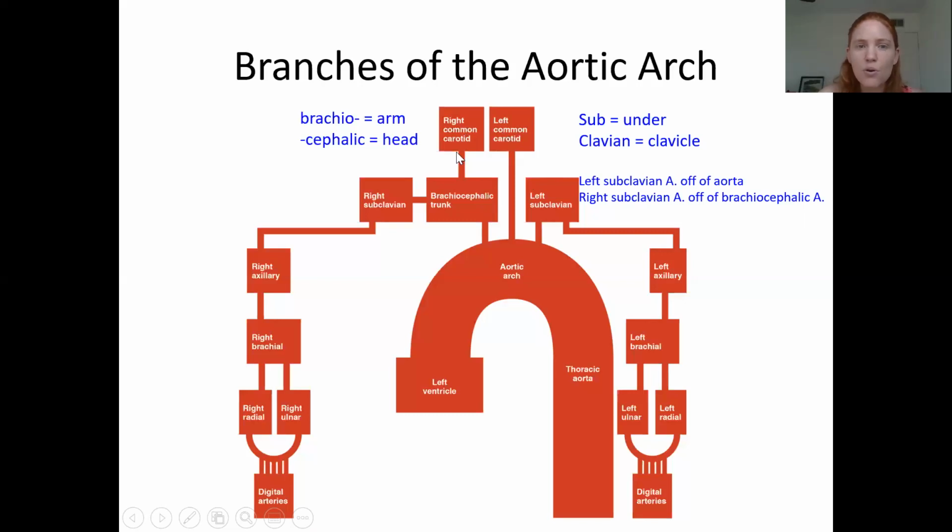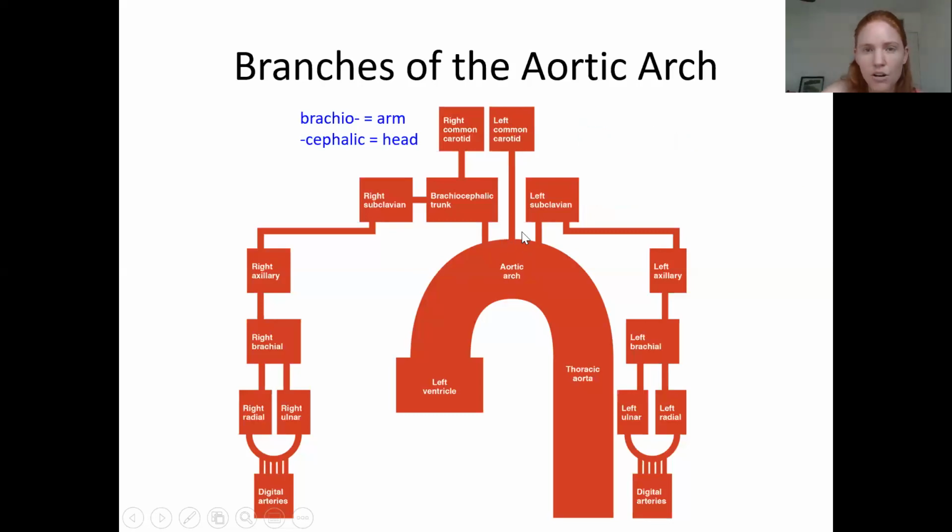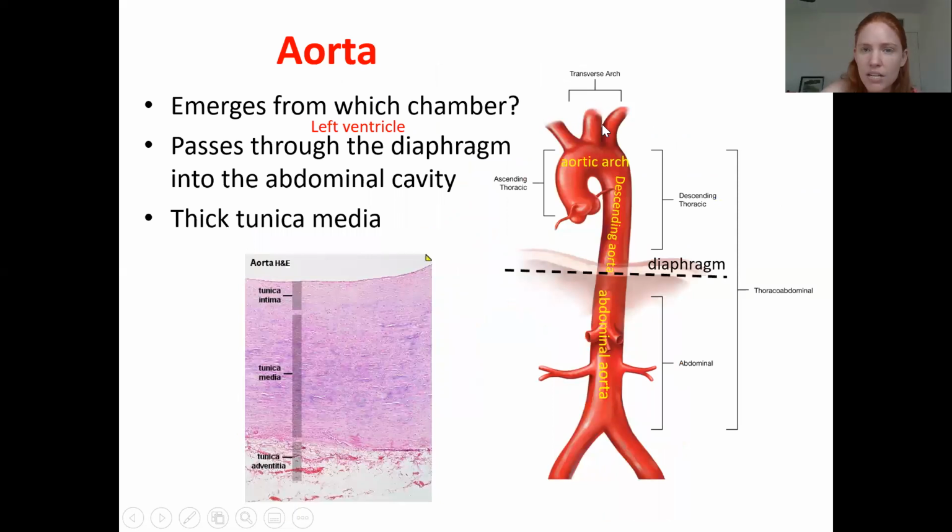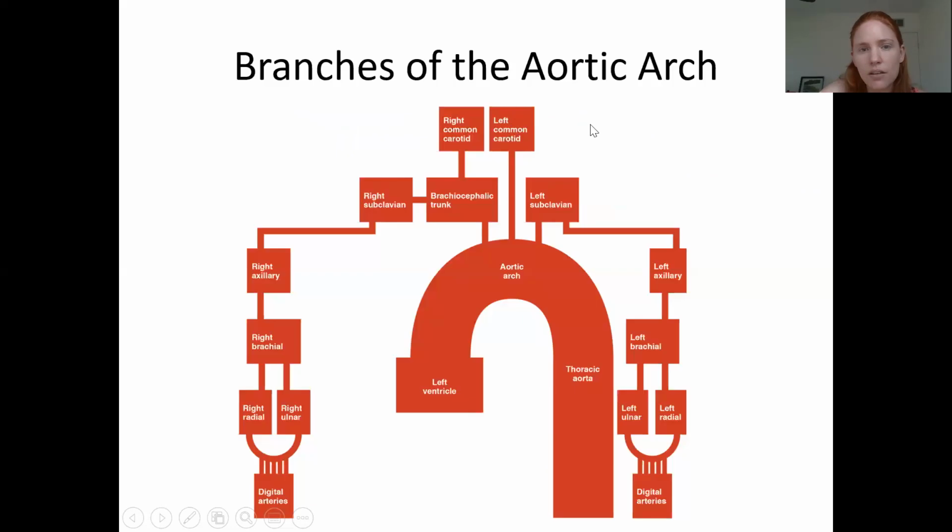Okay, so for the common carotid artery, that means that you do need to designate right or left because they're not the same. The right common carotid artery comes off of the brachiocephalic artery, whereas the left common carotid artery is coming directly off of that aortic arch. So this piece right here, this would be the left common carotid artery.